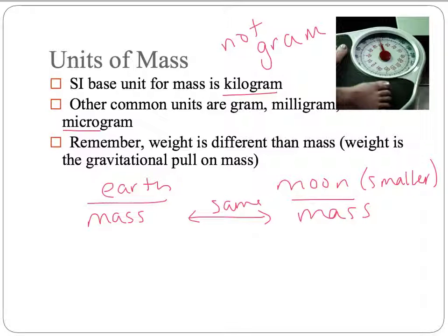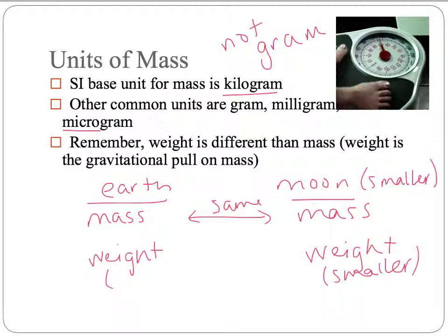But when I look at my weight on Earth versus my weight on the moon, because the moon is smaller, my weight would be smaller. And my weight would be higher on Earth because its mass is bigger. It's a ratio of the 2 masses. So the fact that Earth has a bigger mass, it makes the gravitational pull larger, making your weight larger.